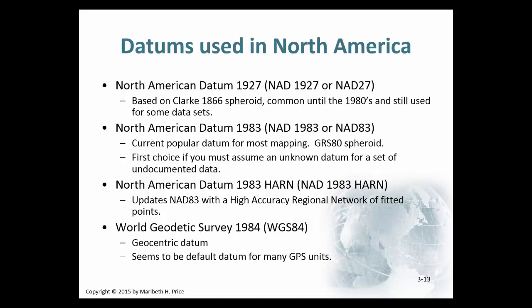You should be familiar with these popular North American datums: NAD 1927 or NAD 27, NAD 83, North American Datum 1983, and WGS 1984.